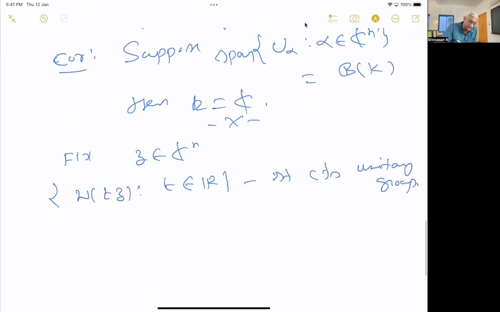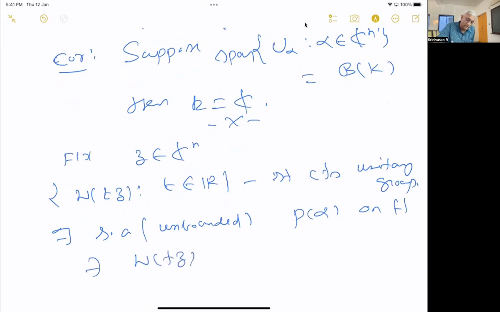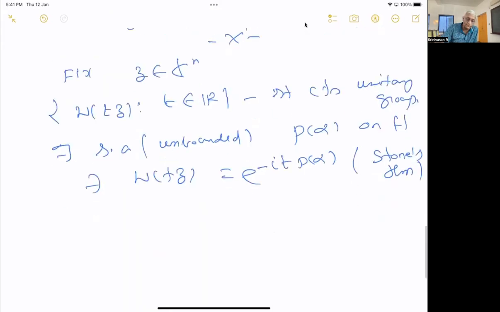So there exists a self-adjoint, possibly unbounded, P alpha on H such that W of tz equals e power i t P alpha. This is what is called Stone's theorem.